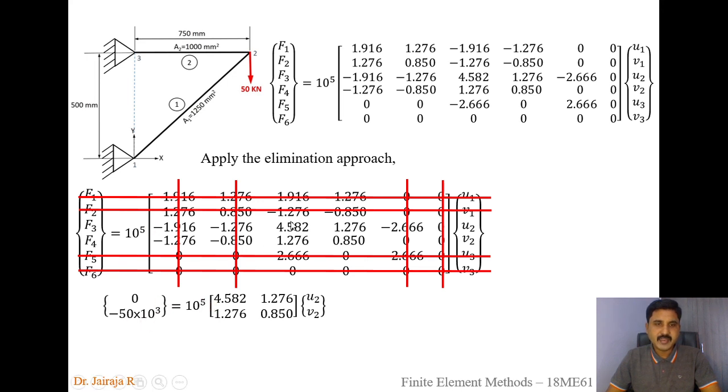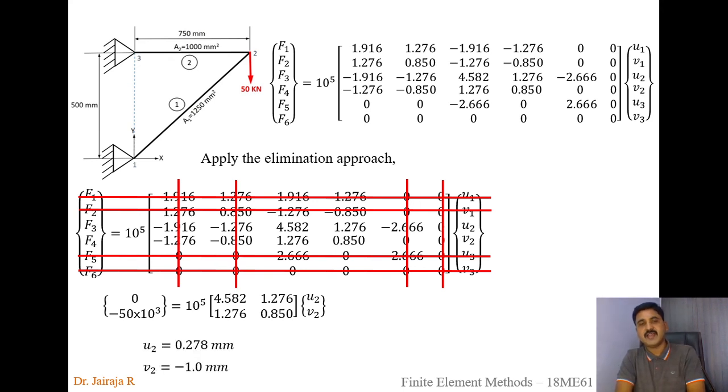With 10 raised to 5, the remaining terms are 4.582 and 1.276, 1.276 and 0.850. The displacements at node 2 are u2 along x and v2 along y. Since node 1 and node 3 are fully fixed, u1, v1, u3, v3 are 0. Now we can apply the Gauss elimination method, or use a calculator to directly find u2 and v2. u2 is equal to 0.278 millimeter and v2 is minus 1 millimeter.